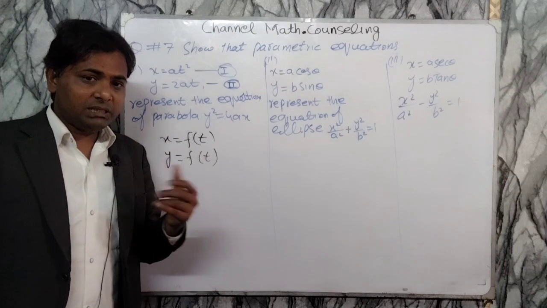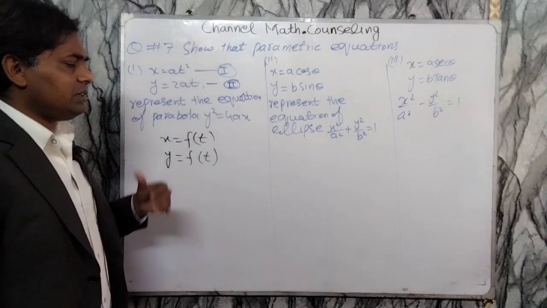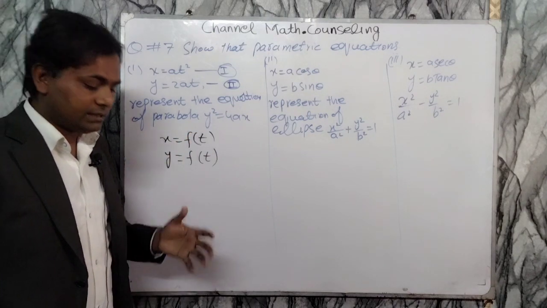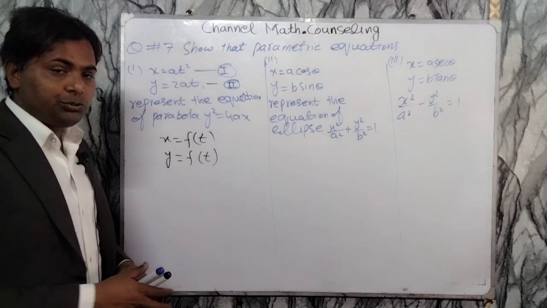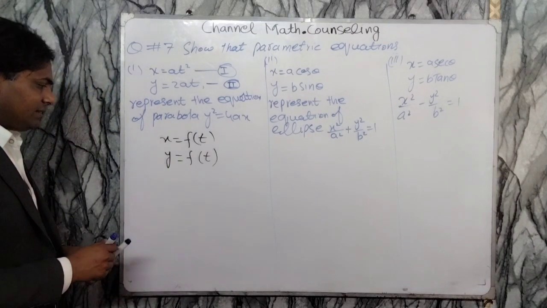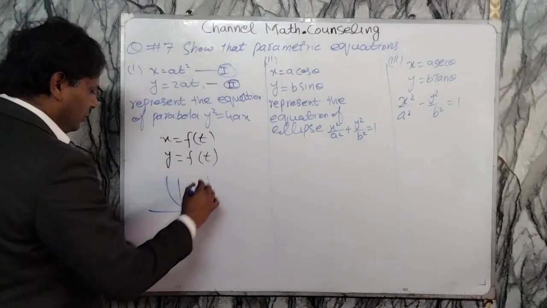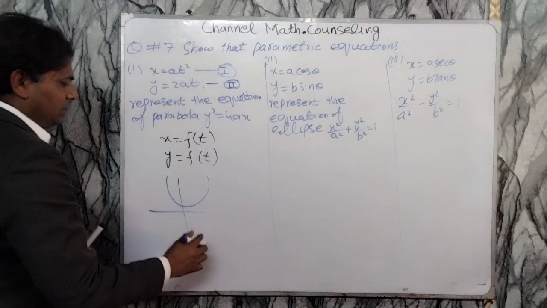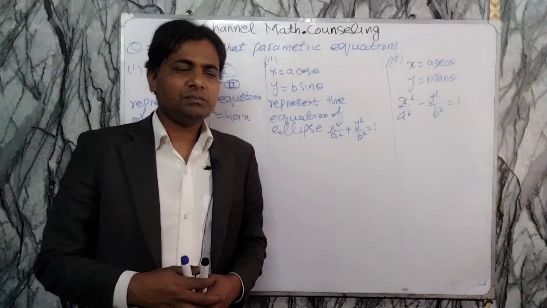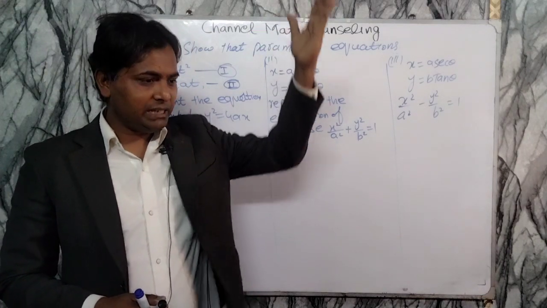First, what is the parabolic equation? Parabolic equations are those equations which are of the form y square is equal to 4ax. Or if you want to know what a parabola is, a parabola is the same as this one. I give you an example. When you look at bridges, there are some shapes like that.